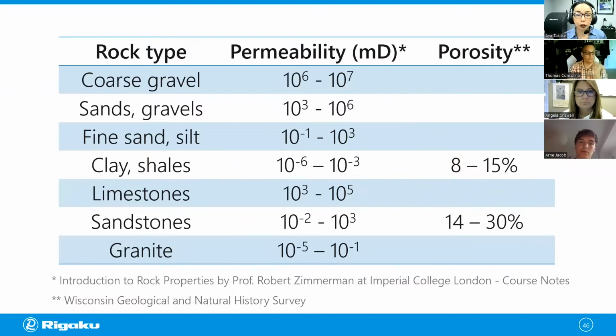So this table shows the general reported range of permeability and porosity for different types of rocks. You can see that sandstones have a relatively high permeability and porosity, but for example, clay and shales are a lot tighter, so their permeabilities are a lot lower.